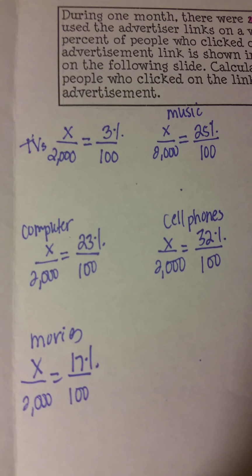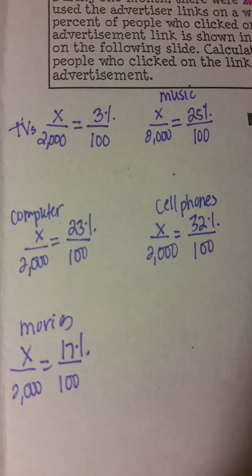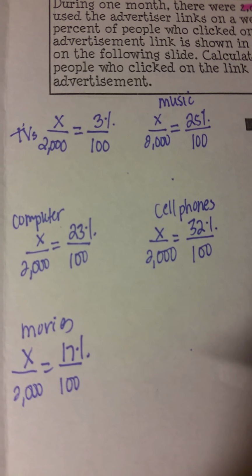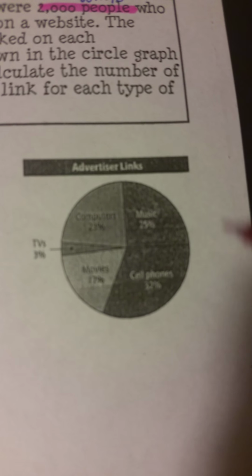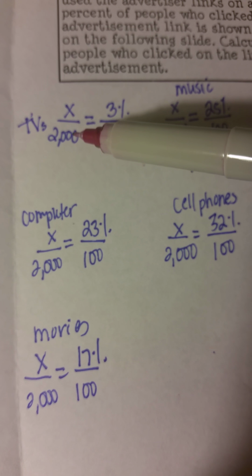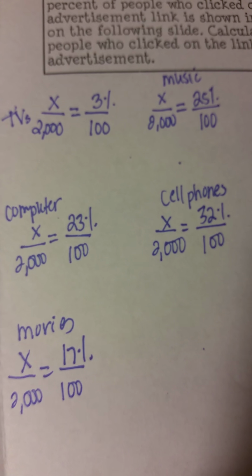Remember that percents are always out of 100, so check yourself: add up your percents and see if they're 100%. Anytime you have a circle graph, your percents will always add up to 100 because the percent is always out of 100. And second, if you add up your parts, that's equal to whatever the whole is.